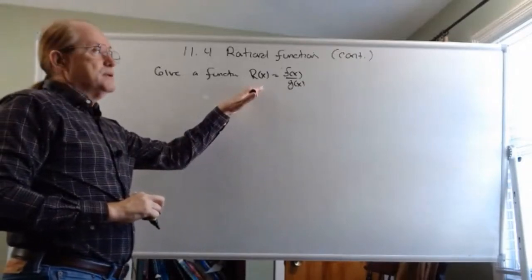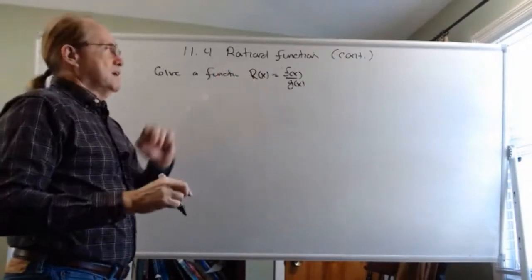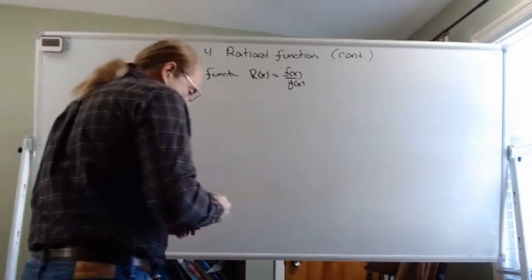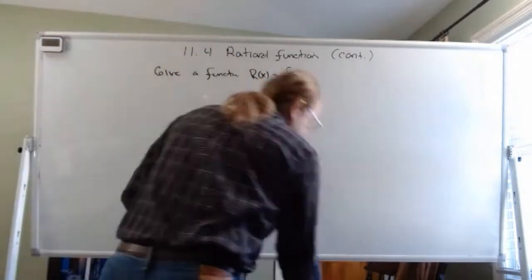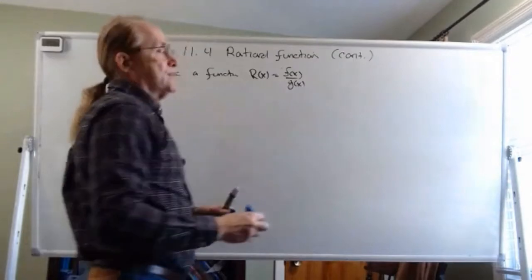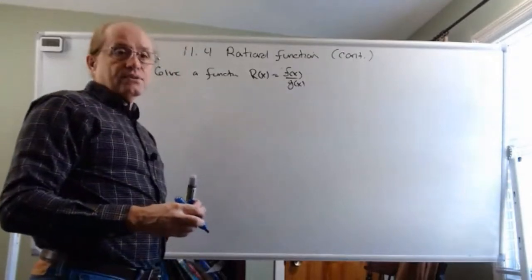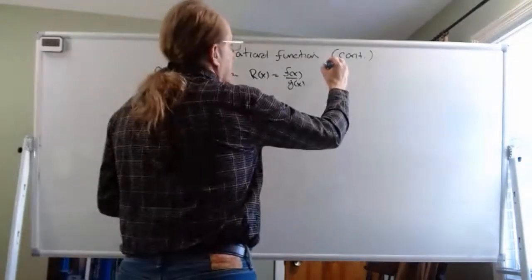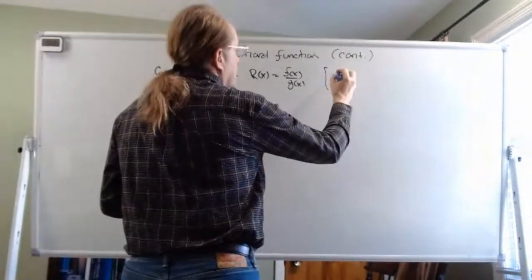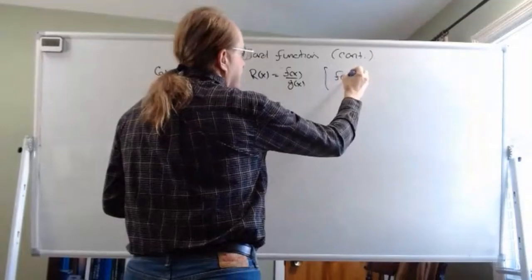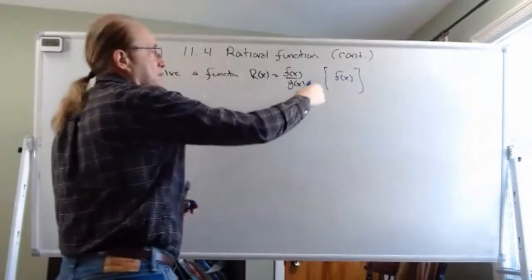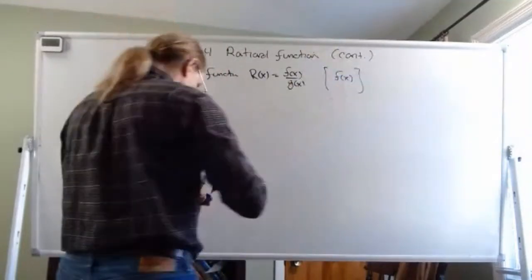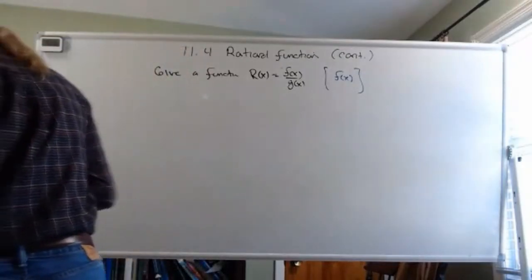This is also going to apply to other types of functions as well. I can do this more generally because it'll even apply to the exponential functions that we'll be looking at momentarily. In general, it could be some function f of x. It doesn't just have to be a rational function. This definition could apply to any function.